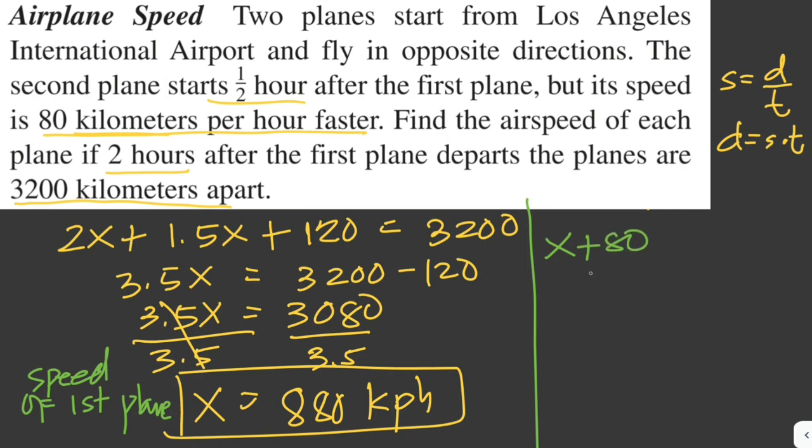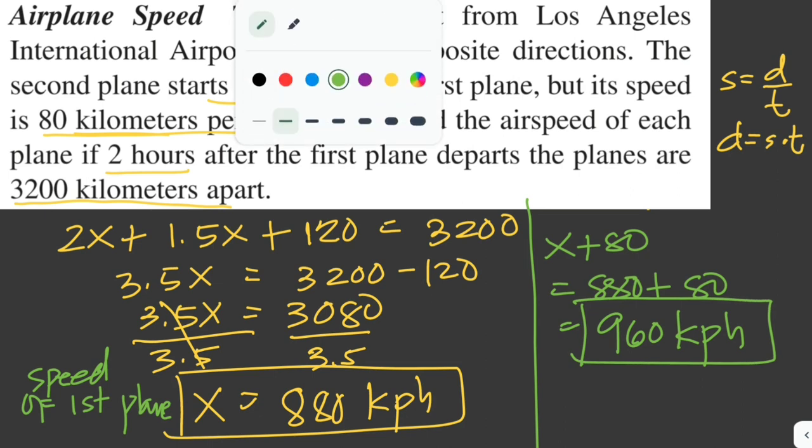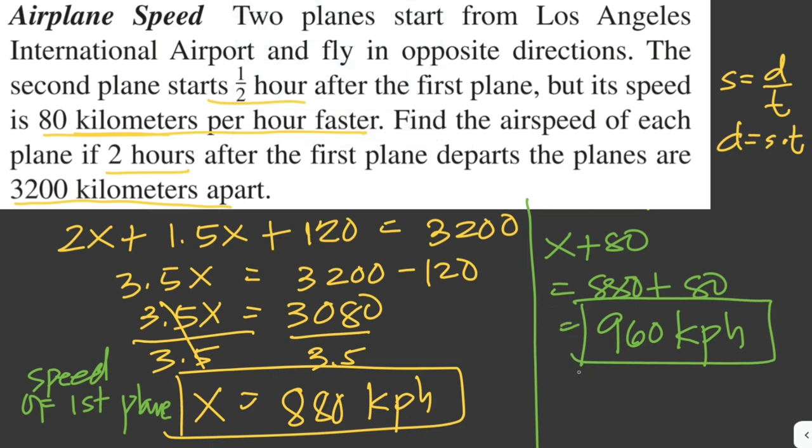So this is just 880 plus 80. This is just equal to 960 kilometers per hour. So this is the speed of the second plane. And that's how to solve this problem.